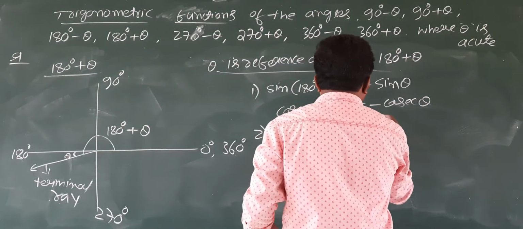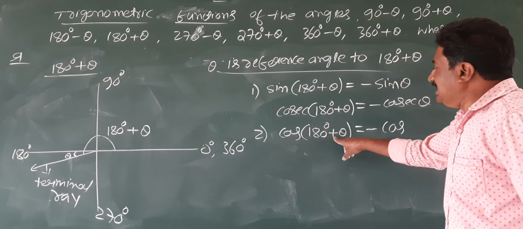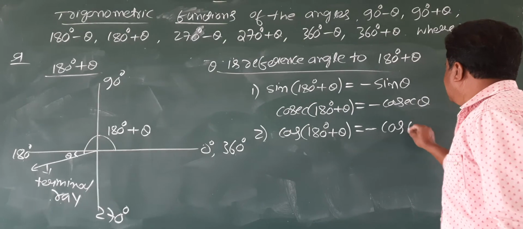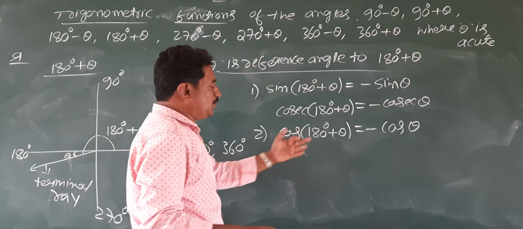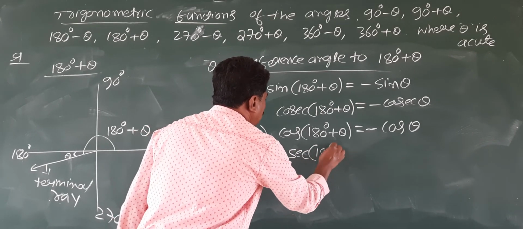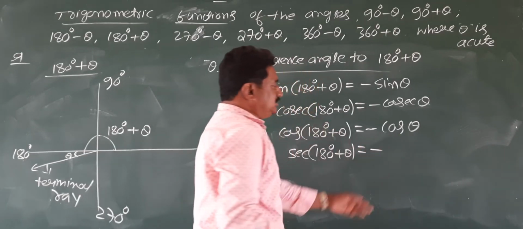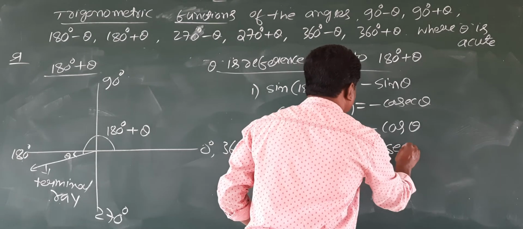Use minus cos, and the relative angle related to 180 plus theta is theta. Now the reciprocal. What is the reciprocal of cos? Secant. So it is minus secant theta.